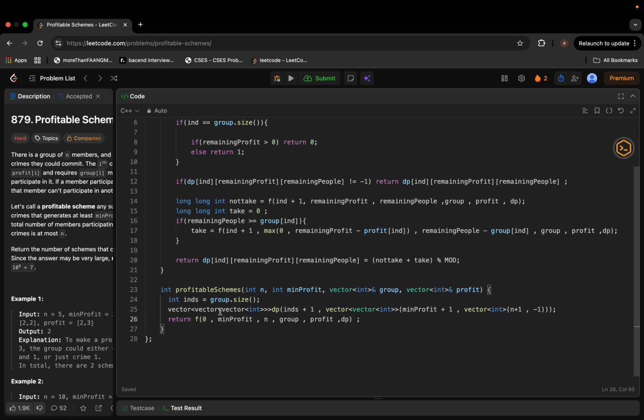So we will have a 3D vector, which is dp. For the indexes, how many indexes will be there? I'm naming it group dot size. Another one will be minimum profit, which is directly provided, and the last one will be n, the maximum number of people that we can take.